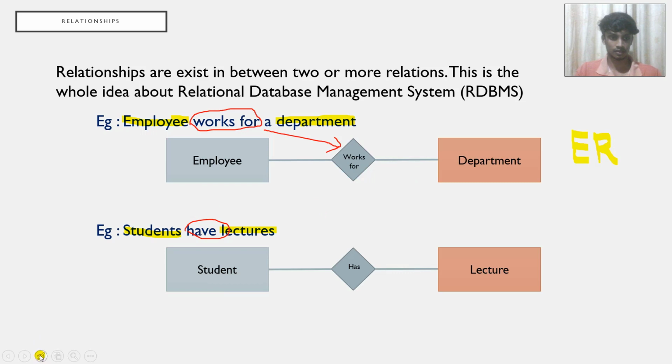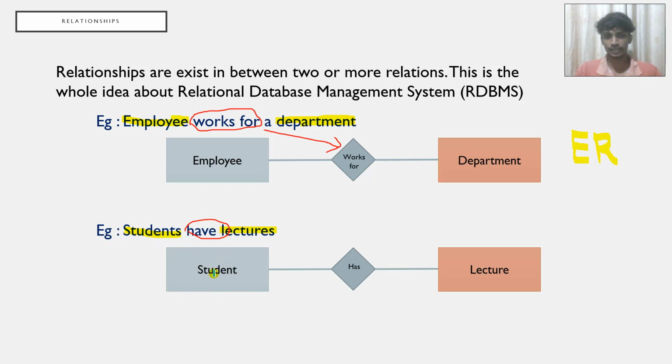Maybe you haven't noticed this. In here, employee is a singular noun, but in the sentence student is not singular.